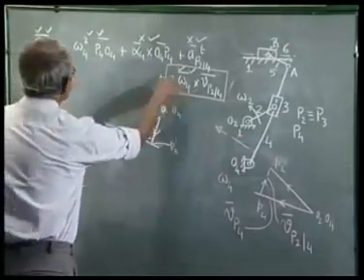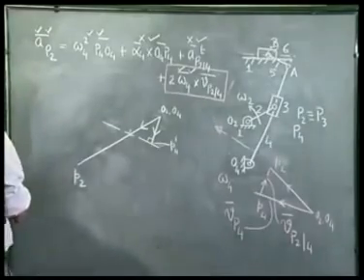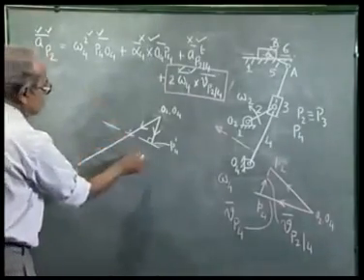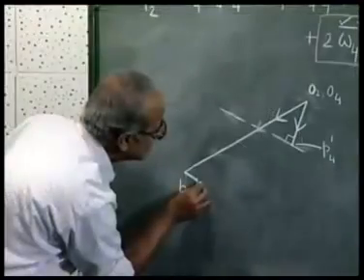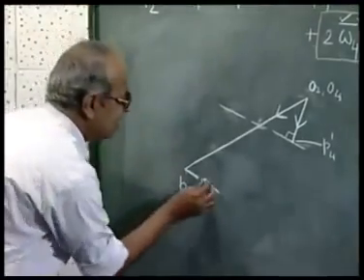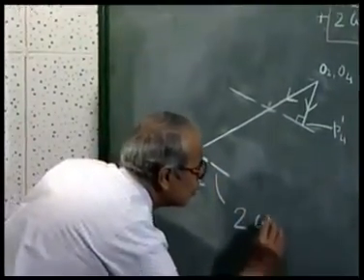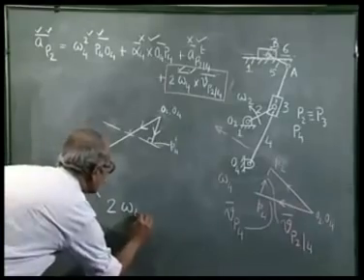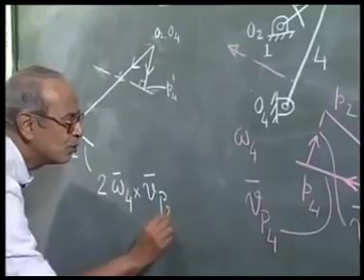Now, if I transfer this term to the left hand side, it comes with a negative sign. So, here I draw parallel to this line with the magnitude twice omega 4 cross Vp24.